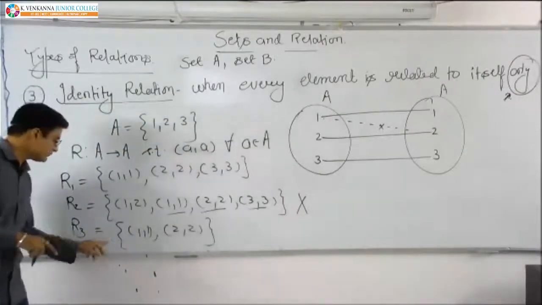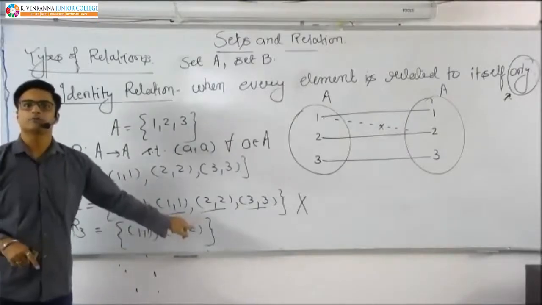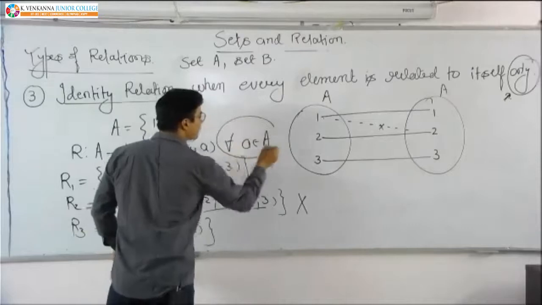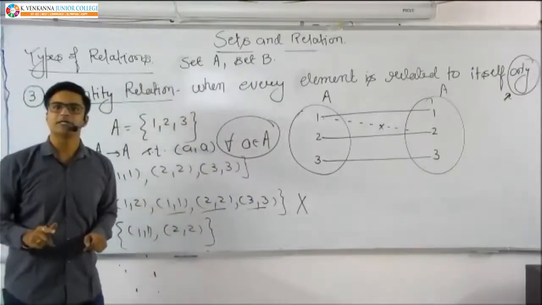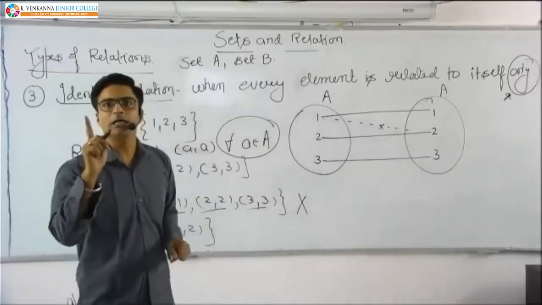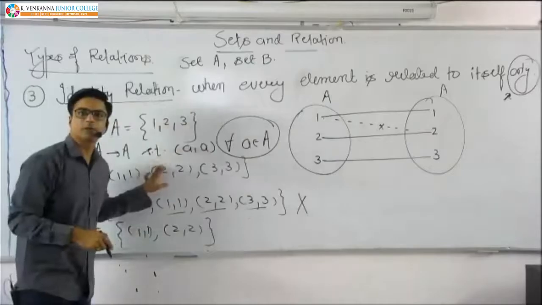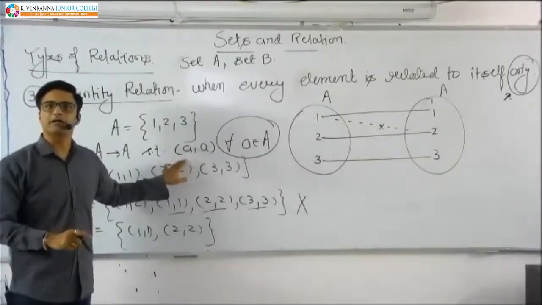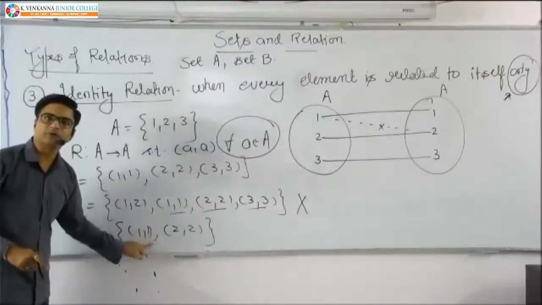Now in R3, 1 is related to 1, 2 is related to 2, but it has to be happening for all the elements of set A. We cannot leave any element from this property. And if we see, we don't have the element (3, 3).